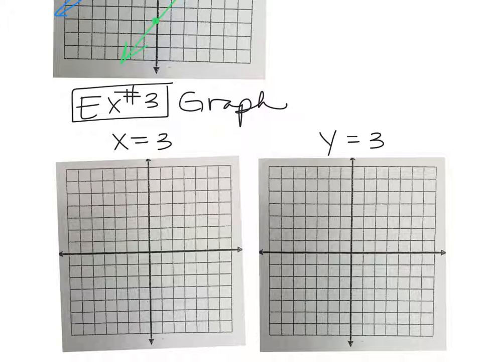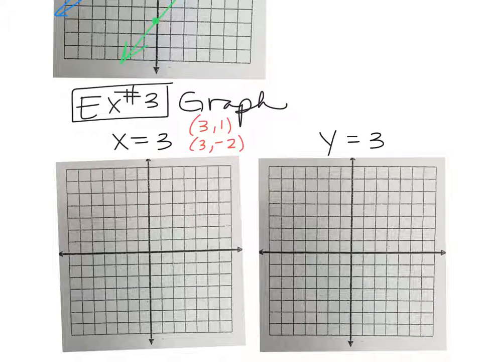You want to graph where x is always 3. Okay? And we talked about this in first semester. I don't know if you remember this at all. But where x is always 3, you could just plot a bunch of points, right? So like 3, 1. My x value is 3. Or 3, -2. My x value is 3. Okay, so where x is always 3 would be where those points fall.